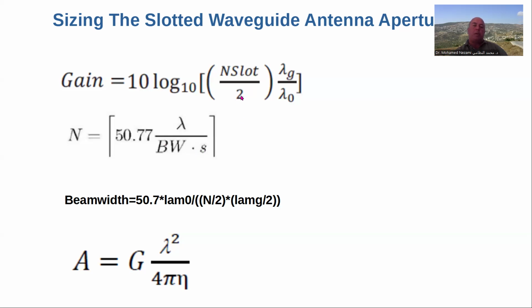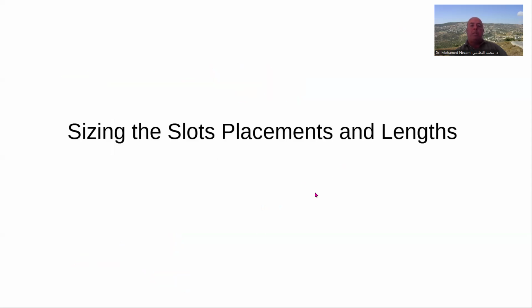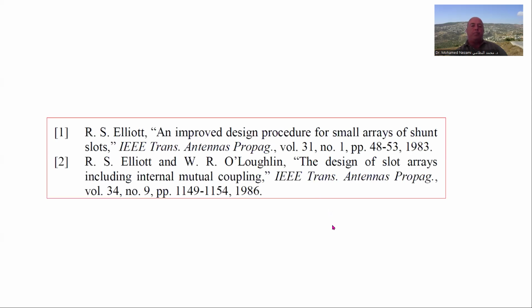That's this parameter here, basically lambda g over 2. It's the spacing, okay? Or the other way around, the beam width is equal to this here, which will give you N. Or you can use the aperture as a function of gain and the antenna efficiency. All these system equations can give you the other parameters.